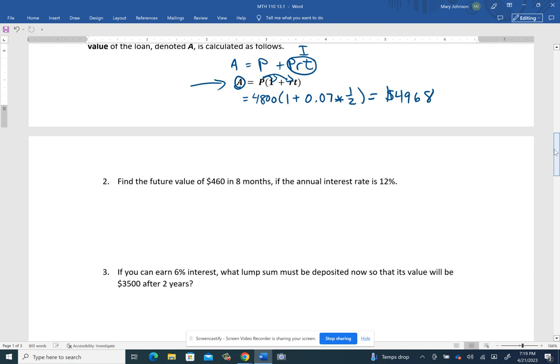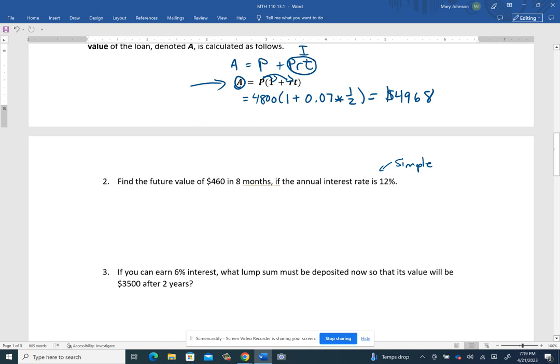Number 2 is asking us for the future value of $460 in 8 months if the annual interest rate is 12%. I probably should have clarified that it was being done using simple interest. You kind of assume that if you don't see any information about compounding periods, which we'll talk about later.